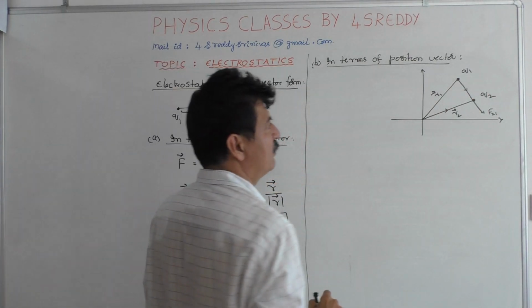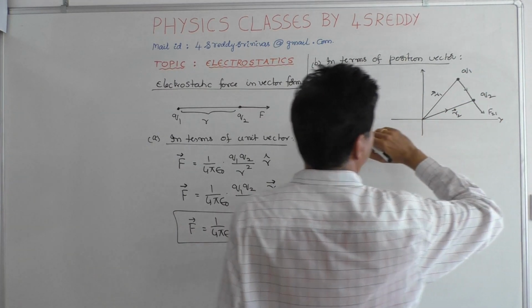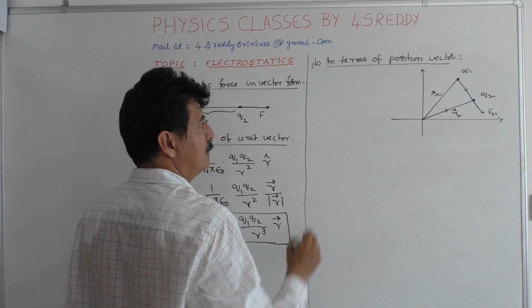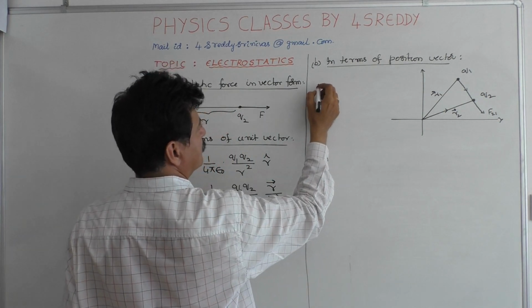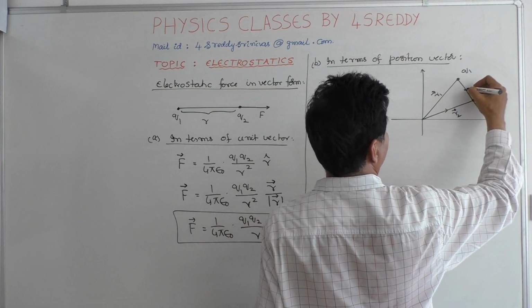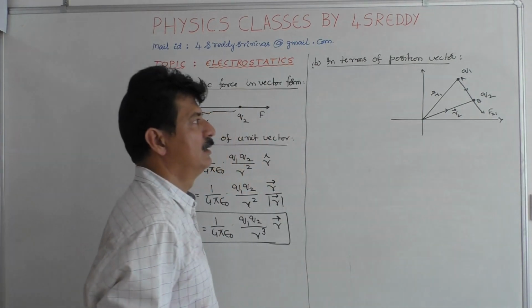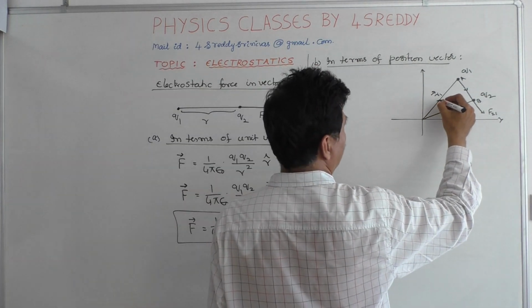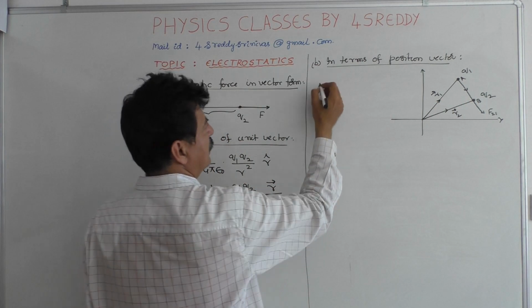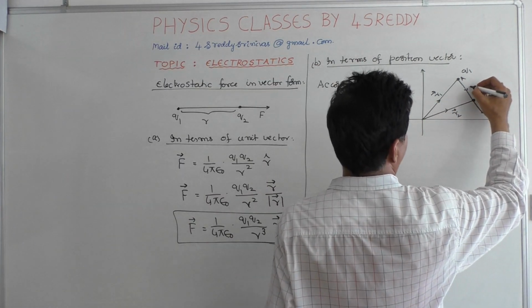What is the distance between these two? Suppose these two are given, you can take this as point A and this as B. According to the triangle law of vector addition, you can take this as R12 bar.